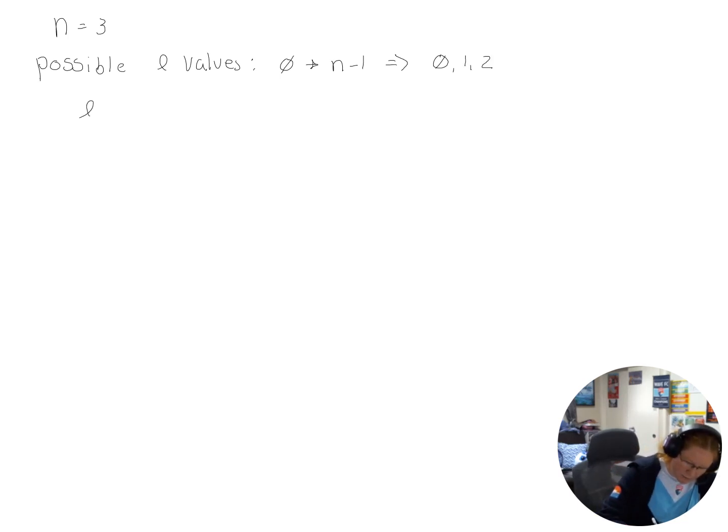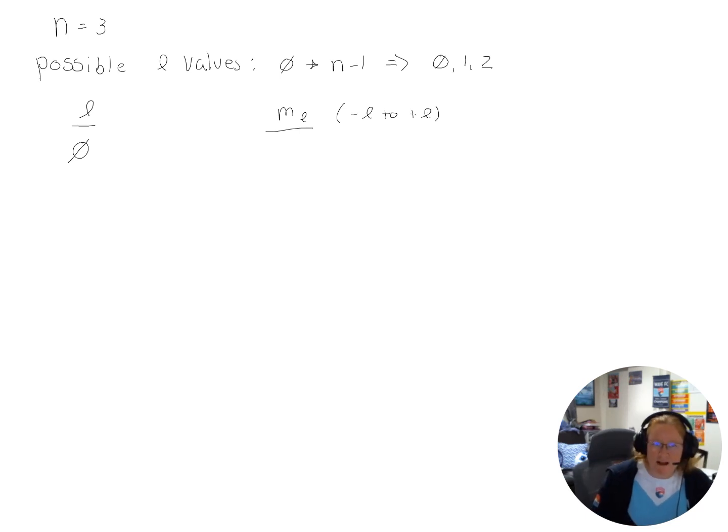All right, so for each L value, we'll have some m sub L values. So for L value of 0, now remember m sub L is negative L to positive L. Okay? So if an L value is 0, the only m sub L value we can have is also 0.